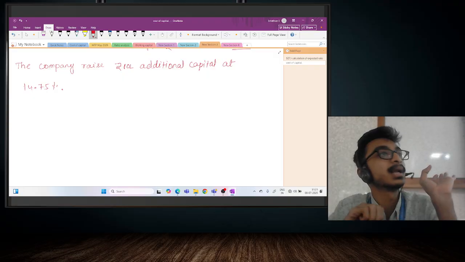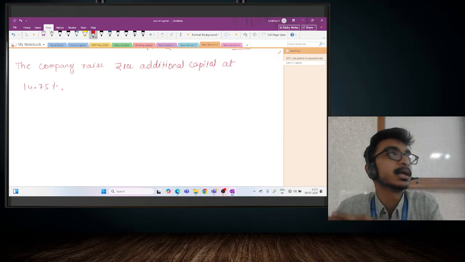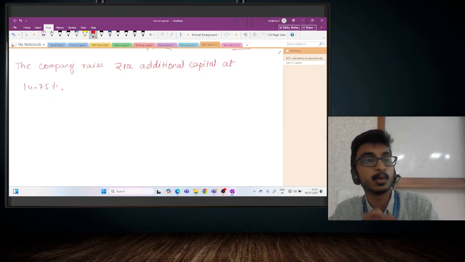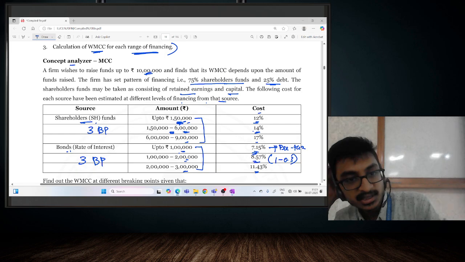Clear? Any doubt in this? So the weighted marginal cost of capital for raising 10 lakh rupees is 14.75%. Shall we start with the next question?